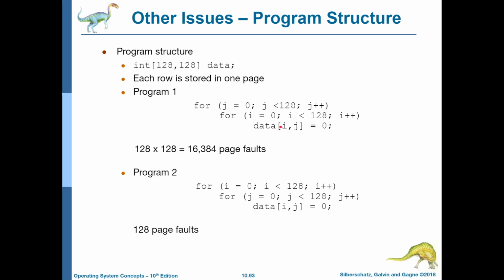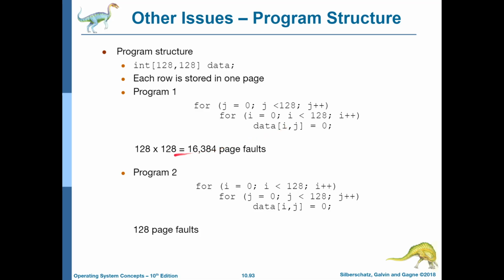Well, in this particular loop, we're actually accessing in column major order. So we start with a particular column and then go row by row. The problem is that may span several pages.